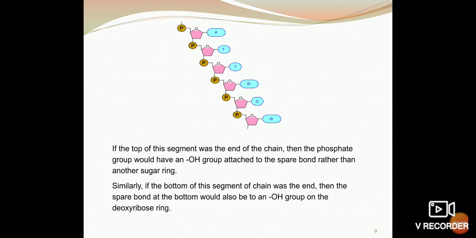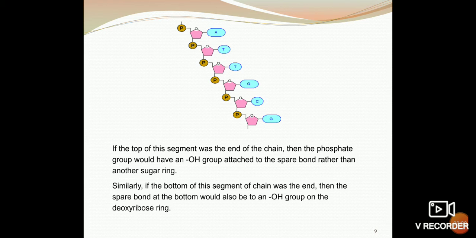So this is how a single chain is formed by the joining of nucleotides. If the top of this segment was the end of the chain, then the phosphate group would be at the top, with an OH group attached to the spare bond rather than another sugar moiety or ring.